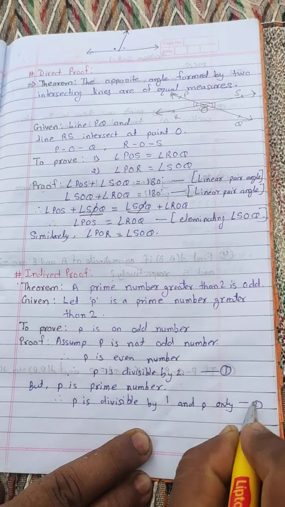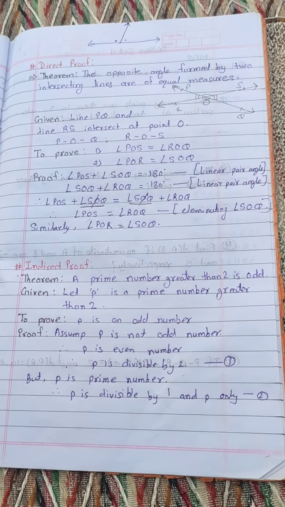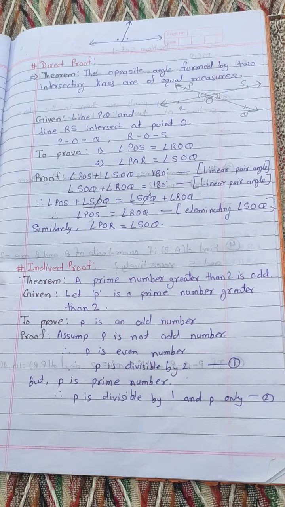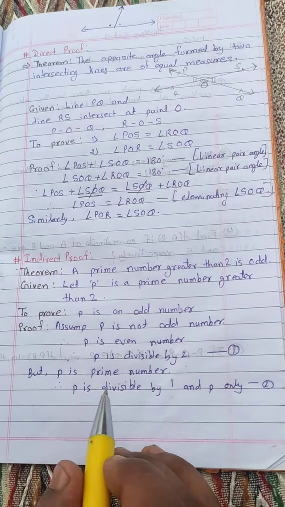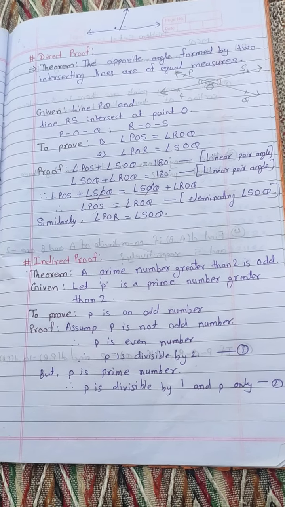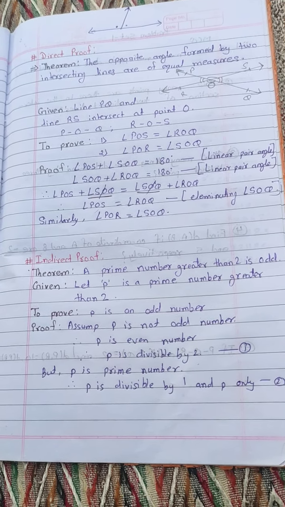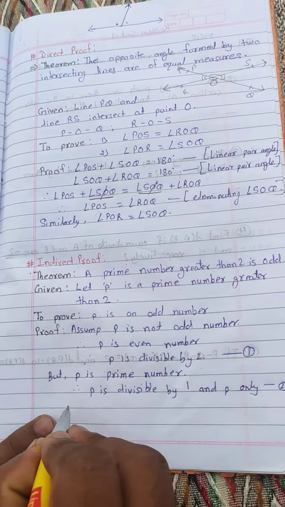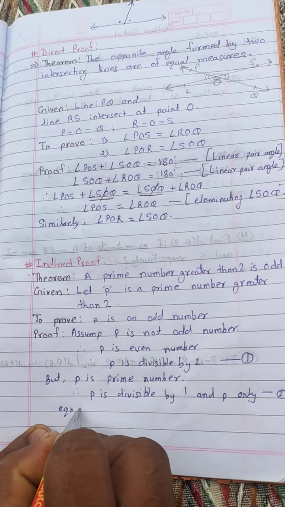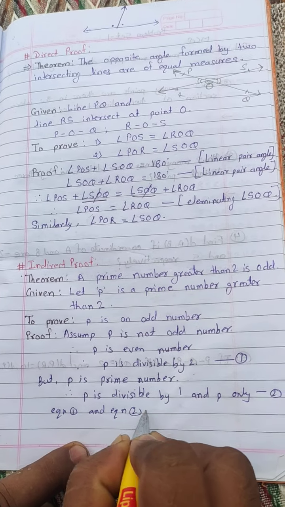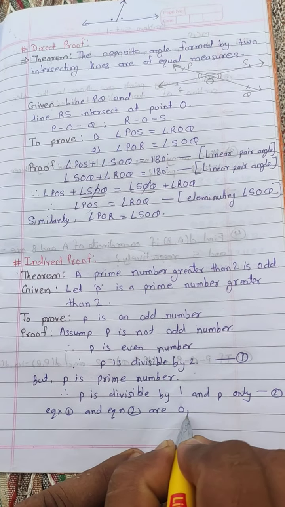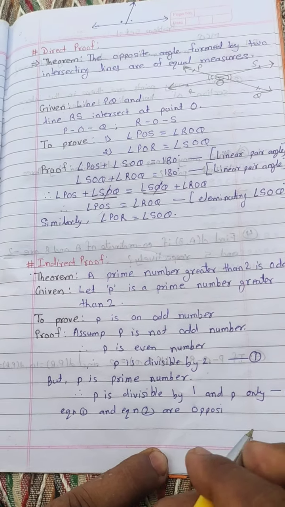Write it, equation 2. Now see, equations 1 and 2 are contradictory. Contradiction means opposite. So we can say equation 1 and equation 2 are opposite, a contradiction.